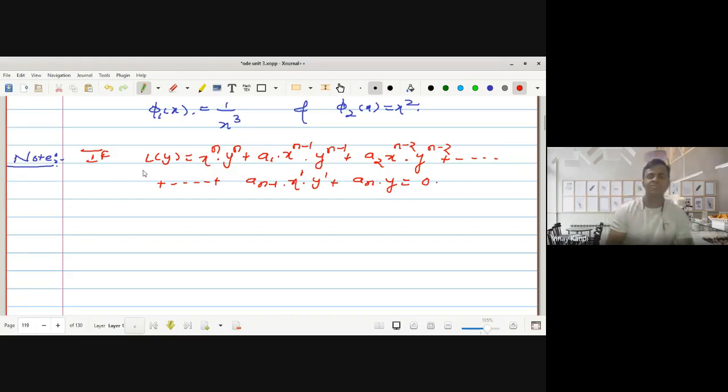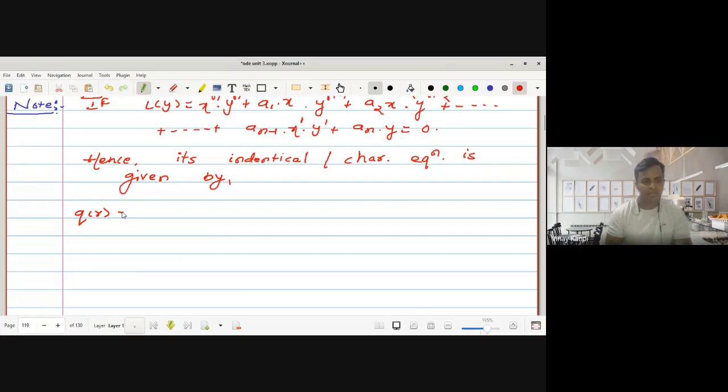Okay, suppose the given differential equation is of nth order, Euler's equation. Okay, then hence its identical equation or characteristic equation is given by q of r. तिथे सेकंड ऑर्डर असताना काय होतं, क्यू आर इंटू आर मायनस 1. ओके, सेकंड असताना आर मायनस 1 येणार. तर nth ऑर्डर असेल तर आर मायनस n minus 1.